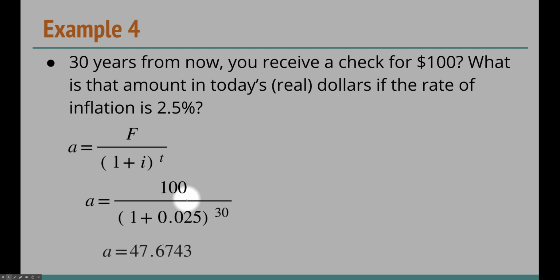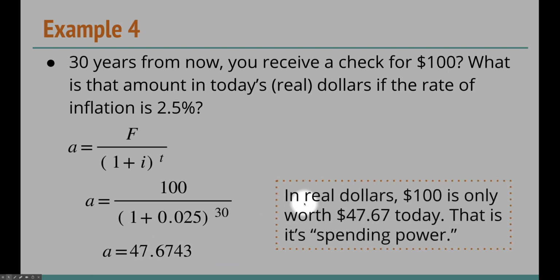And when we do that, we get 47.6743. So if we convert that to a meaningful sentence, this just says that in real dollars, in today's dollars, $100 in the future is only worth $47.67 today. That's what we call its spending power in today's dollars.